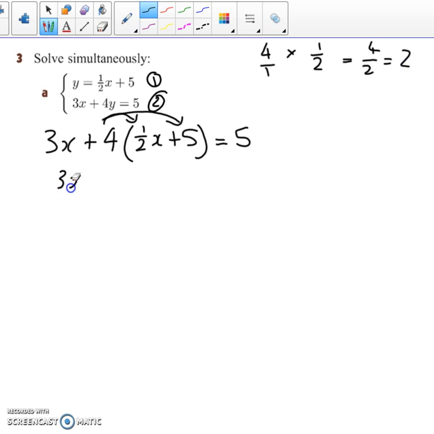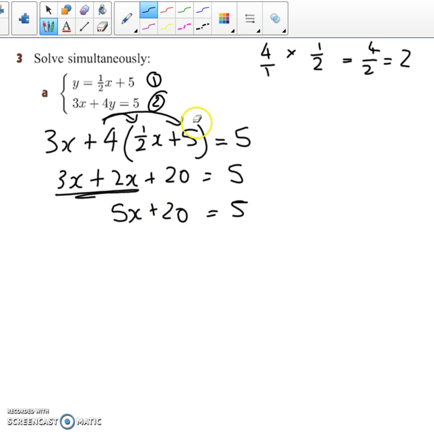So we'd have 3x plus, now you could have it as 4 over 2x or 2x, plus your, sorry, not 5, easy mistake to make there, guys. So 2x, make sure you multiply 4 and 5, which is 20. So once again, collect your like terms: 5x plus 20 is equal to 5.